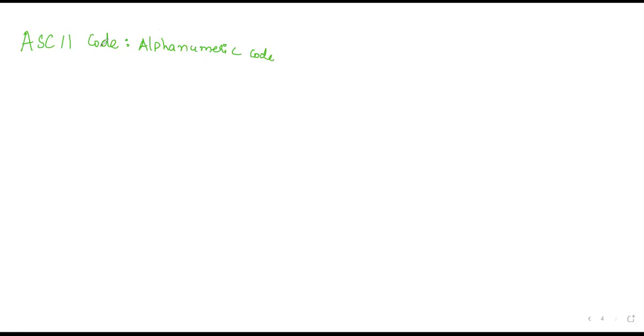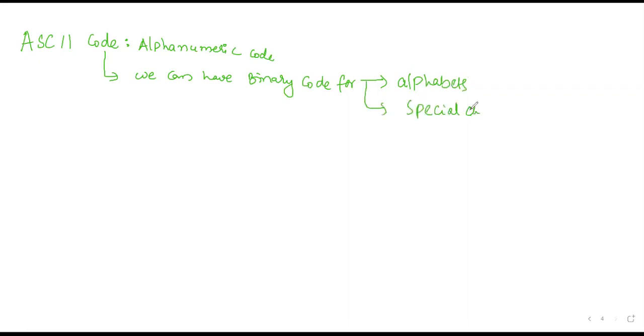So using ASCII code, we can have binary code for alphabets, small and big, special characters, and numbers.